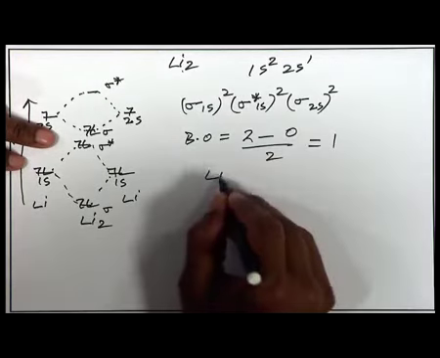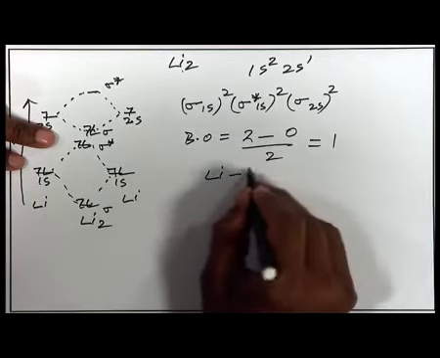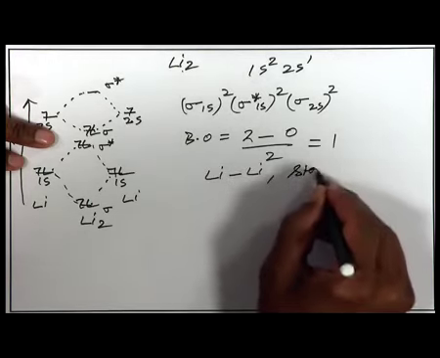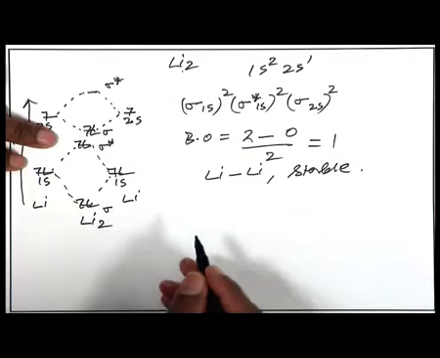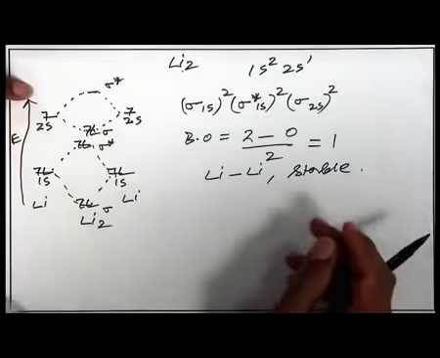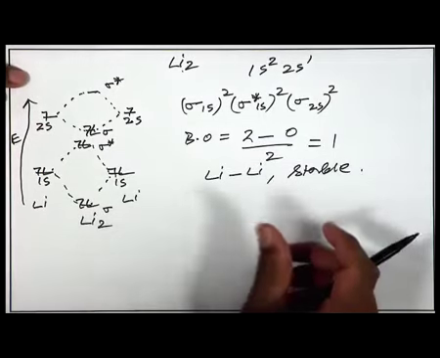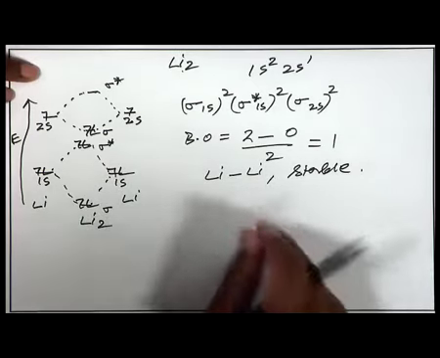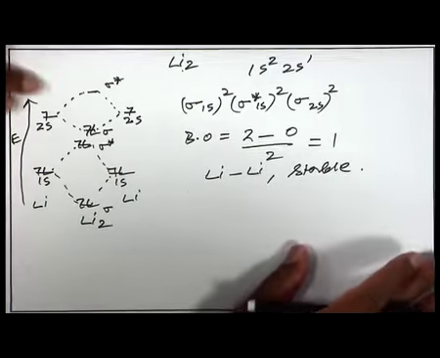So, there is a bond between the 2 lithium atoms. A single bond is formed, so it is stable. That is how we can talk about bonding between atoms as far as molecular orbital theory is concerned. Thank you.